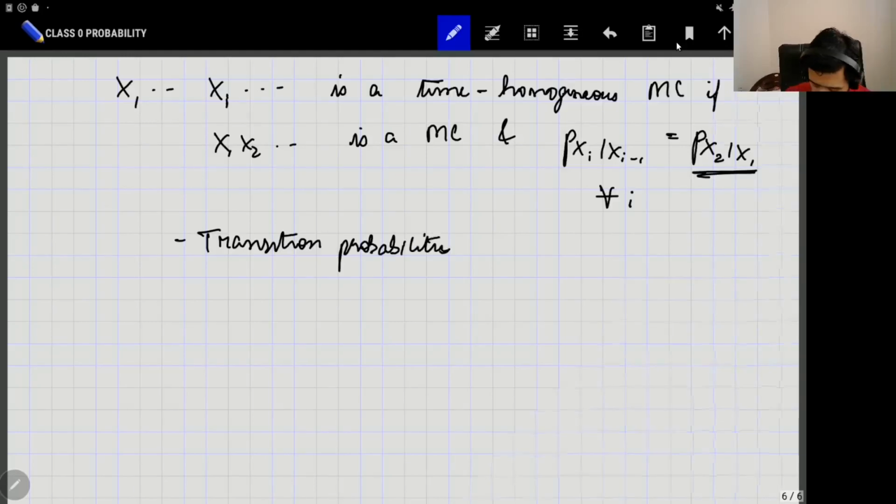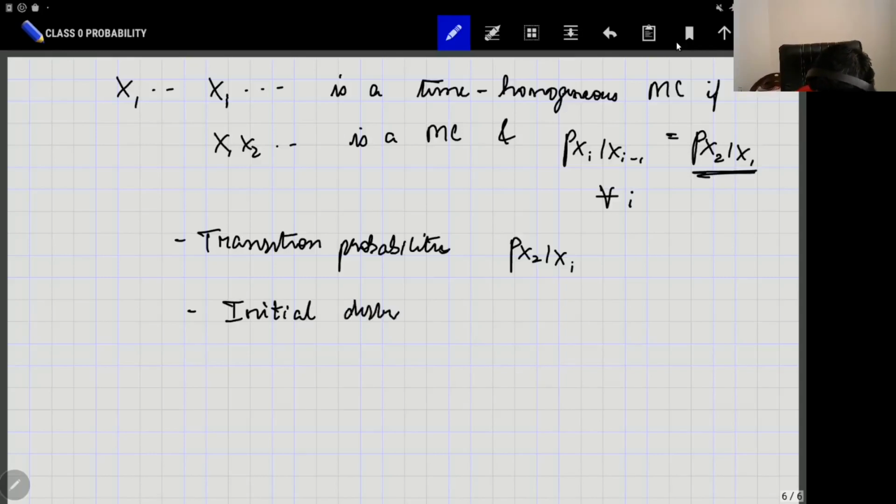So the transition probability is p of x2 given x1, and the initial distribution, which is p of x1. So once you specify these, the joint distribution becomes automatically specified.